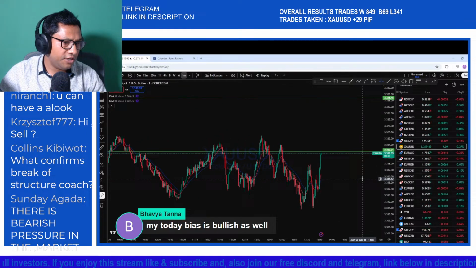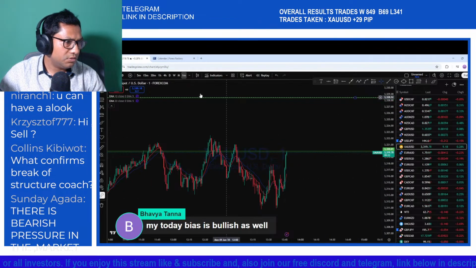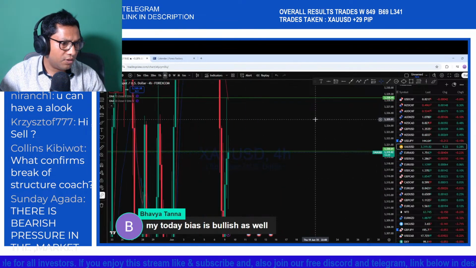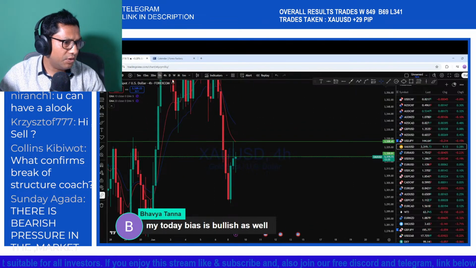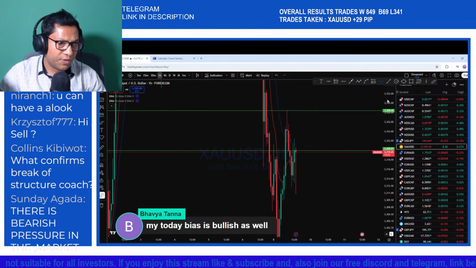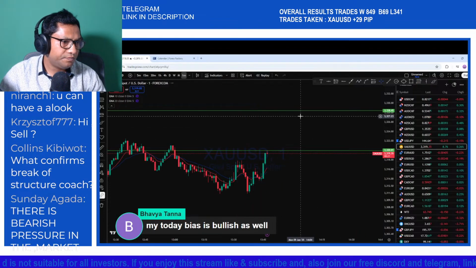So from the 1 minute, it reached that level. Let's see the 4 hour, where the market has gone up. From the 1 hour also, the price reached that key level.